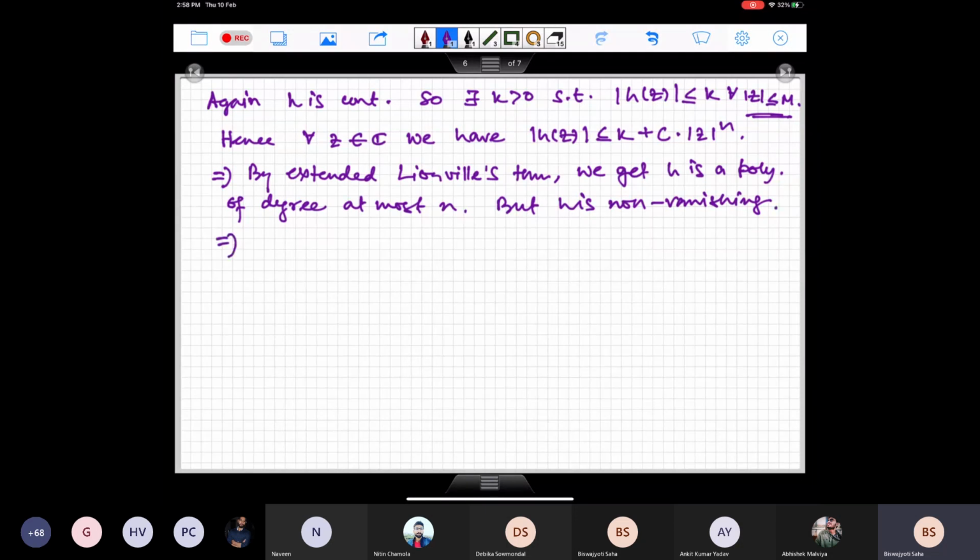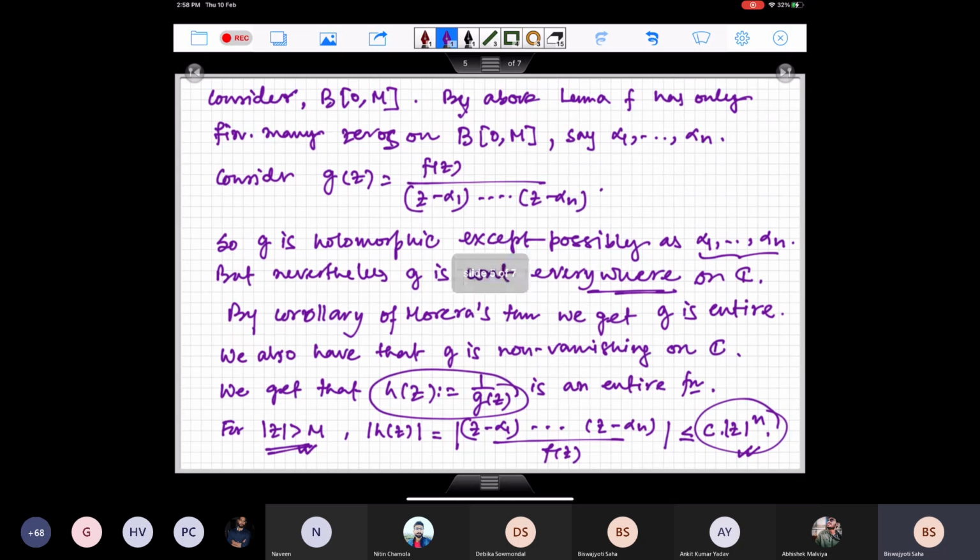So this implies what? h is a polynomial which is non-vanishing. That means what can I say about h? h is constant. Good. So h is a constant polynomial. Now what was h? Come again. h was z minus alpha 1 so on so forth z minus alpha n divided by f.